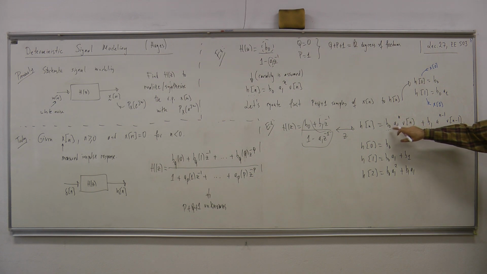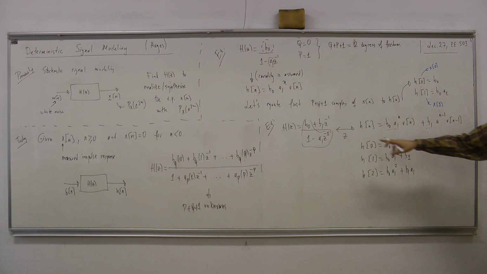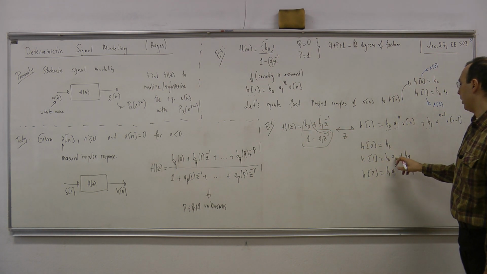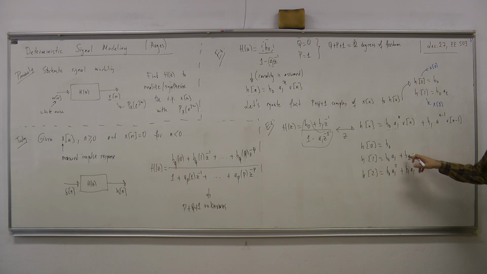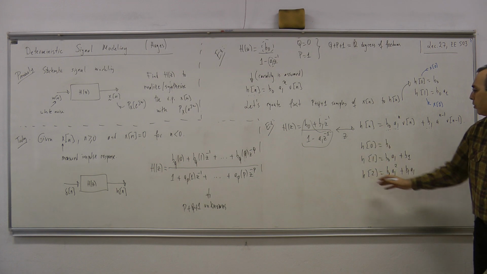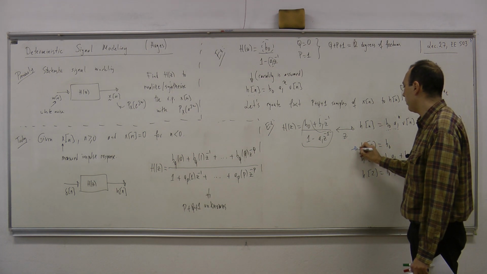Am I right? N is equal to 2. This is like a geometric series. So this is geometric, and this is also the delayed version of the same series with a different coefficient b1. Is this correct?